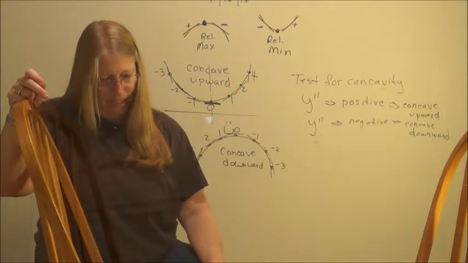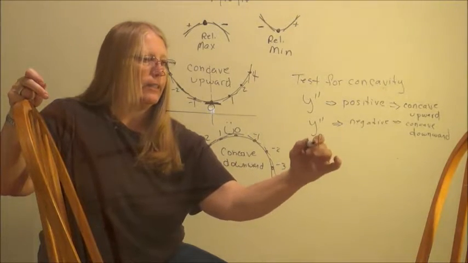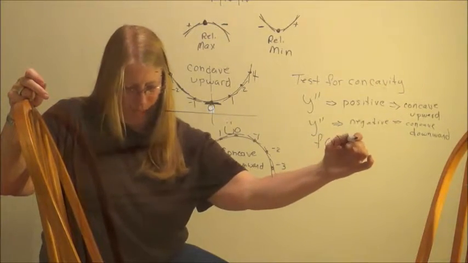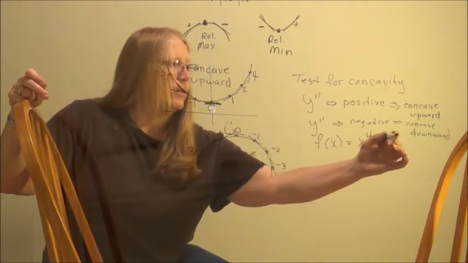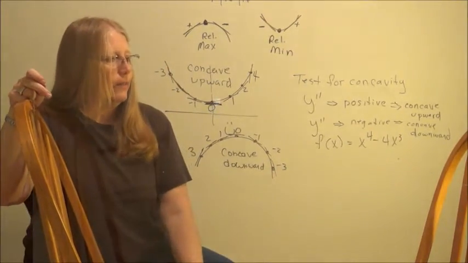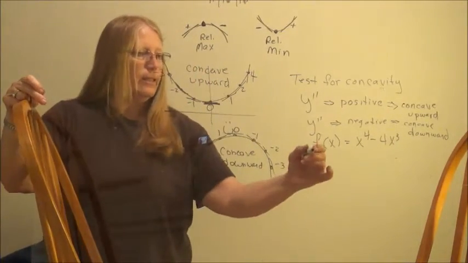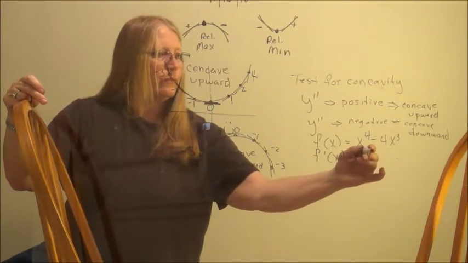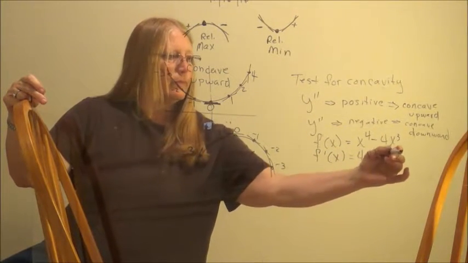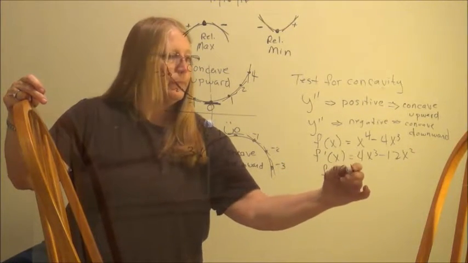So let's look at how we could figure that out. Suppose we had f of x equals x to the 4th minus 4x cubed. So go ahead and take the first derivative and then the second derivative.